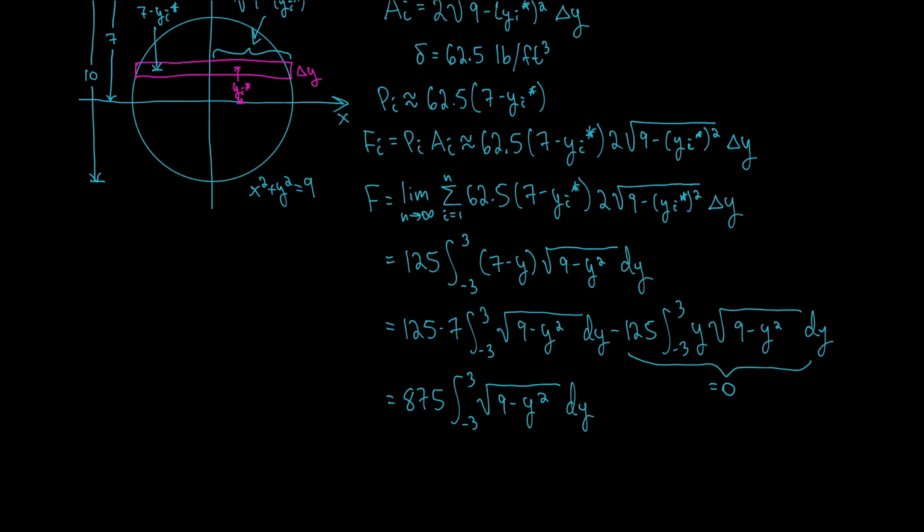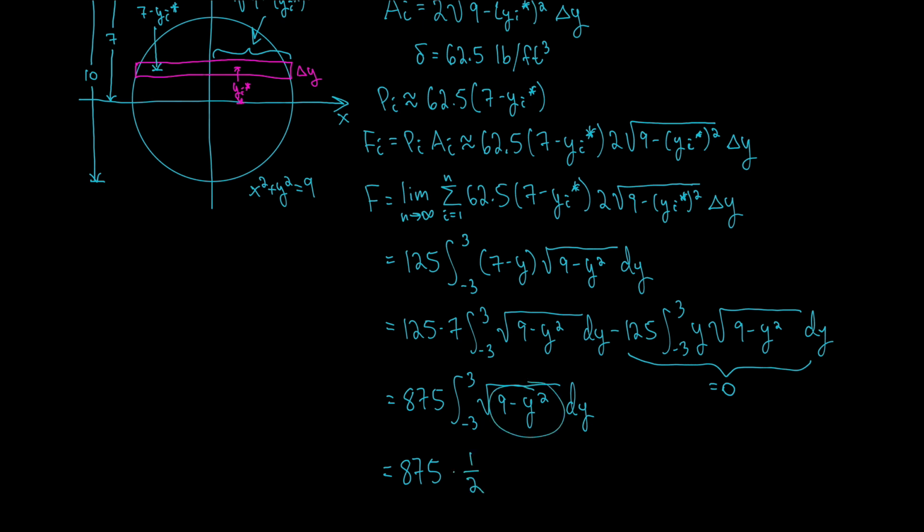This is just a circle. So the integral from minus 3 to 3 of the square root of 9 minus y squared is just the area of a circle. It's only the positive square root though, so it's only a semicircle. So if I want to get this integral, I'll just take 875 and multiply it by the area of a semicircle, which is half pi r squared.